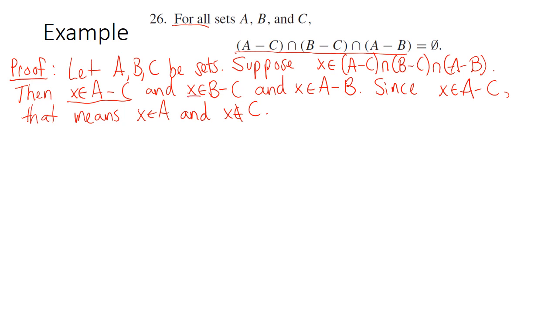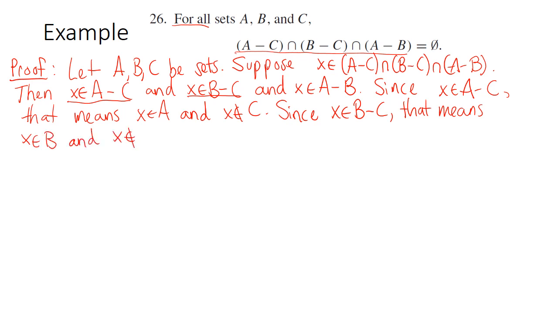So this next piece of information, since x is in B minus C, that tells me that x is in B and x is not in C. Okay, I still don't see a contradiction, so let's keep going with this third thing that I got.